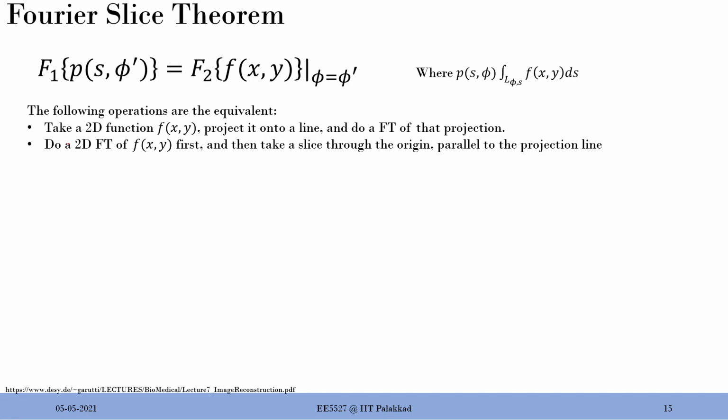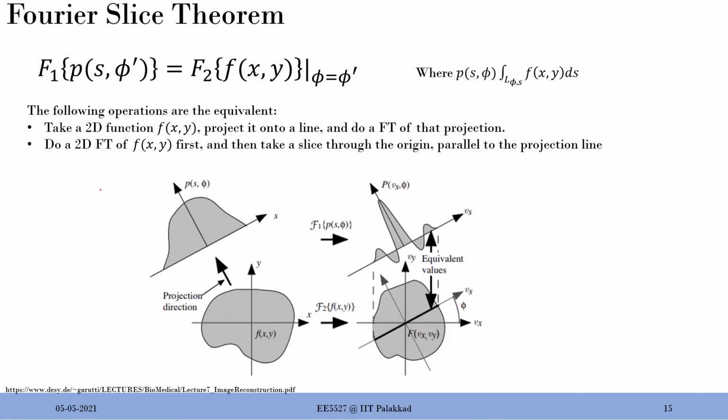So this is again the same. Let me explain again through this picture, which is pretty interesting. You have this scene here, and when I say projection, this is what I have. At this particular angle, let's say this is phi dash, this is the projection that I get.